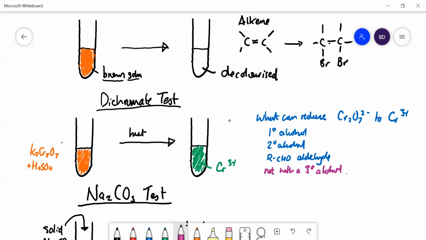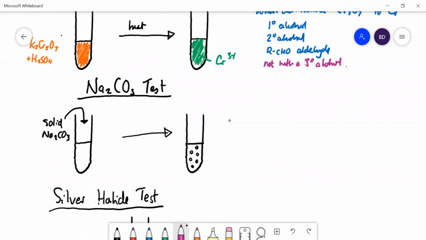Okay, next one. You add solid sodium carbonate to your organic of interest. It's a test for carboxylic acid.